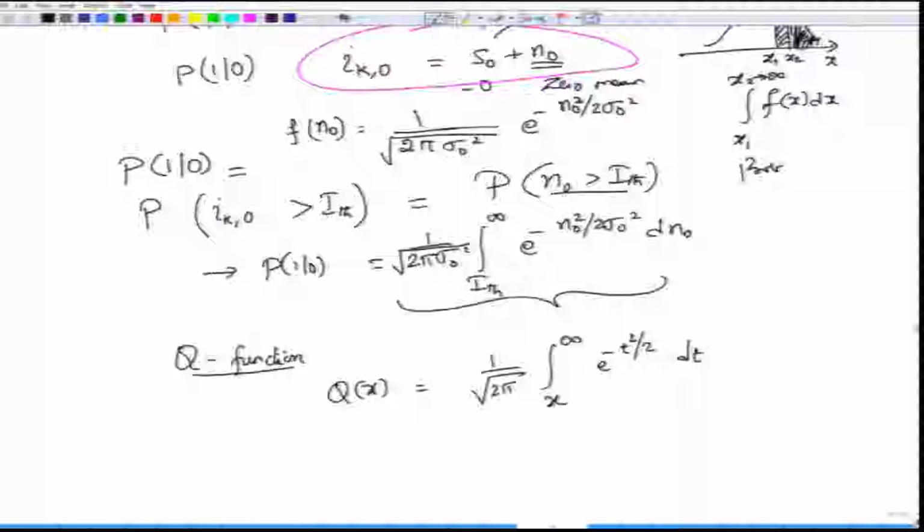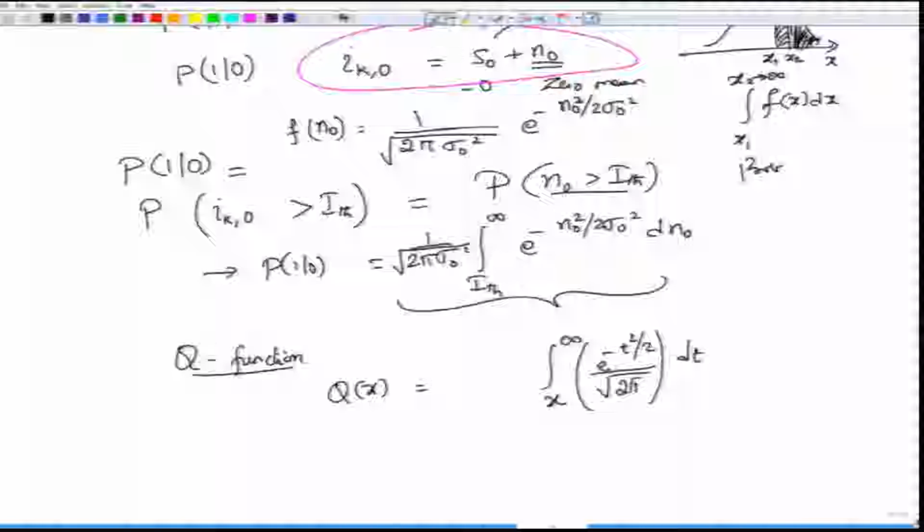Which curve is that? That is this particular curve. Of course, you can push this 1 by square root 2 pi into it. So, you will be looking at the area of this particular curve, which I just wrote down in the bracket, from x to infinity. What kind of a curve is this?